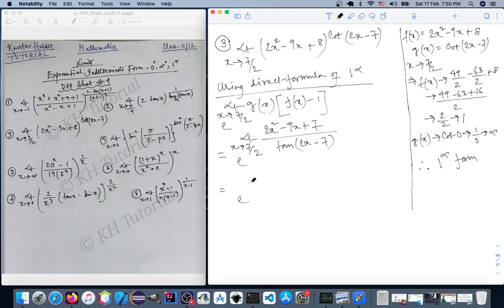This equals e to the power limiting value of x tending to 7 by 2, and we can factorize the numerator as 2x minus 7 into x minus 1 divided by tan of 2x minus 7.